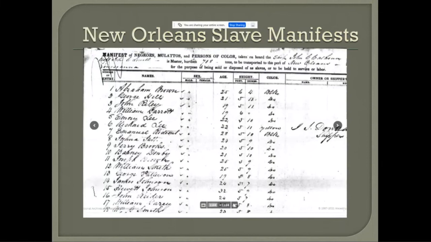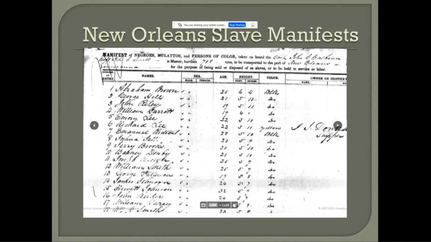This is a New Orleans slave manifest. These are available in Ancestry. If you go into Ancestry and you click on card catalog and write New Orleans slave manifests, and then there's a search bar, you can look for names. This is one such slave trader, and this is from 1850. And here they are listed, and you'll notice last names.